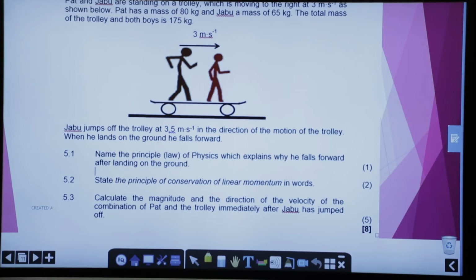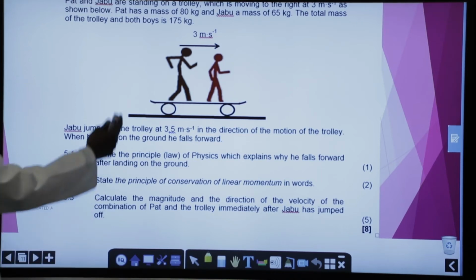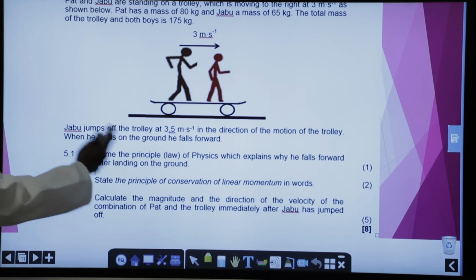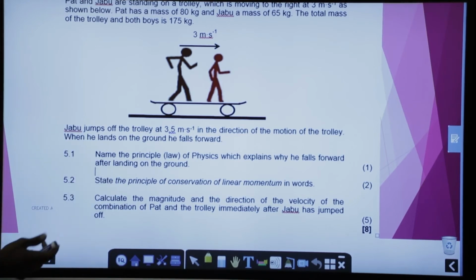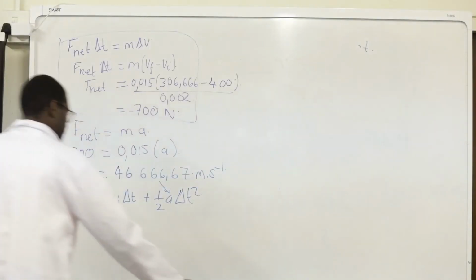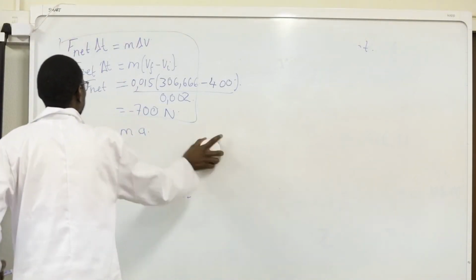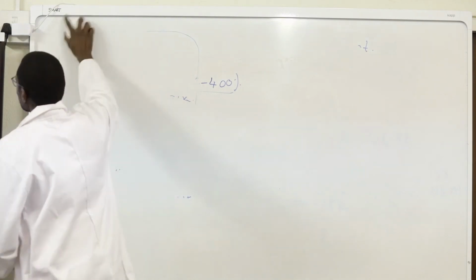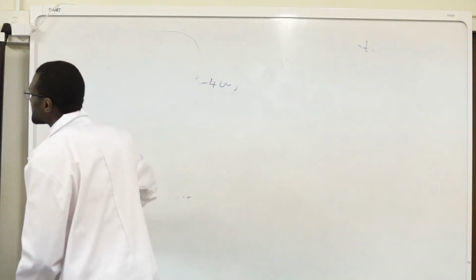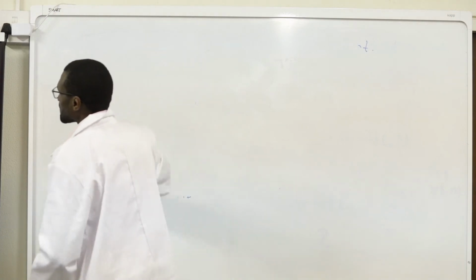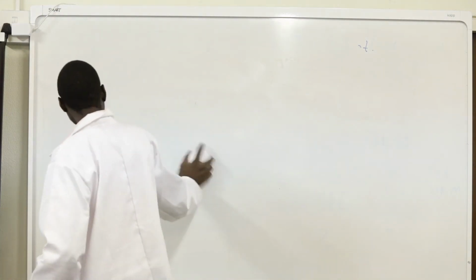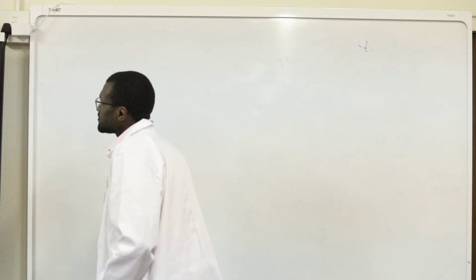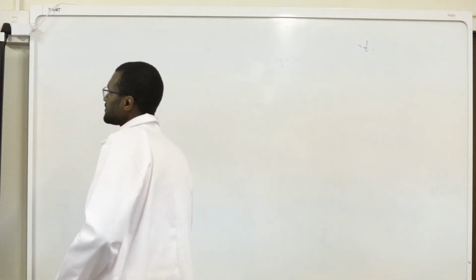Here is a question of Pat and Jabu, who are standing on a trolley moving to the right at 3 meters per second, as shown in the diagram. Okay, here's another example of how questions on impulse and momentum can be given to you. Pat has a mass of 80 kg and Jabu a mass of 65 kg.